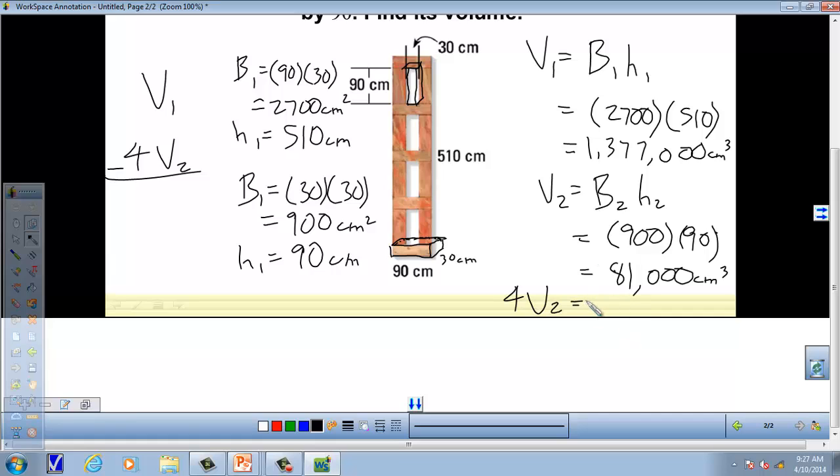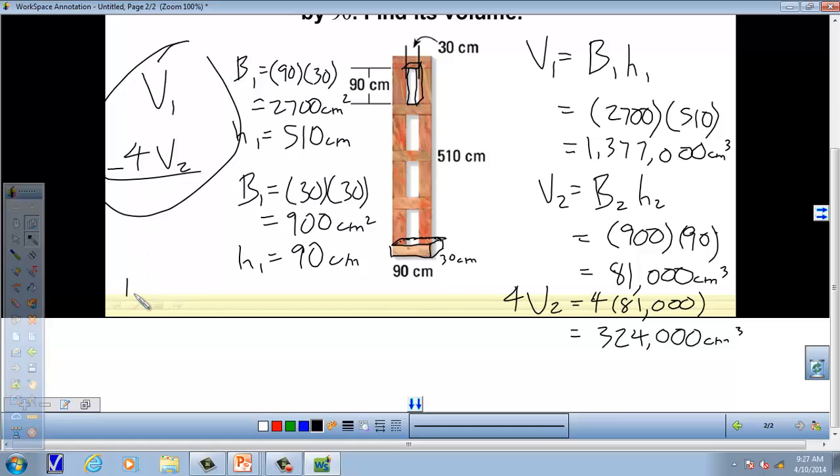And we get 324,000. So again, what we're doing is 4 times 81,000. And that gives us 324,000 cubic centimeters.